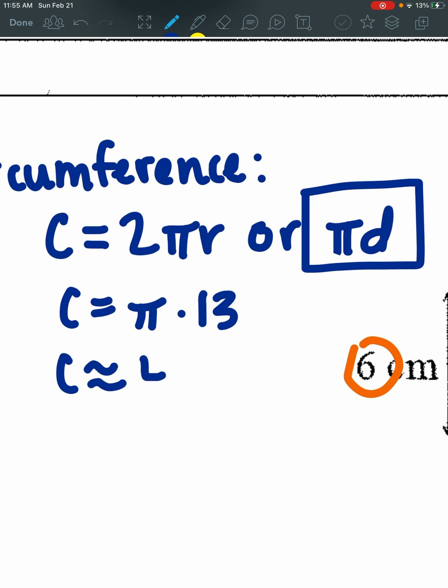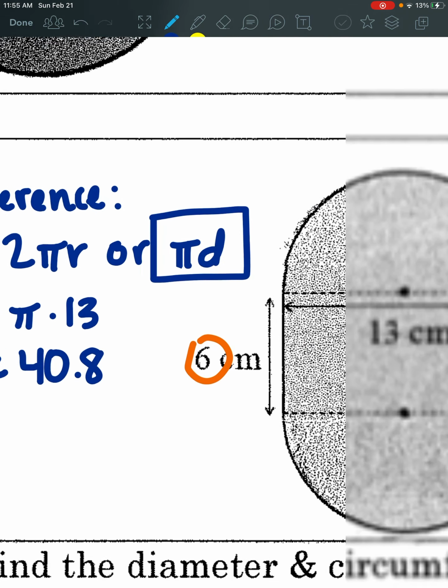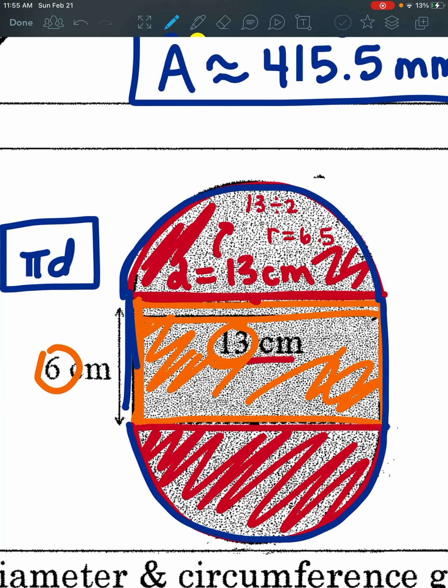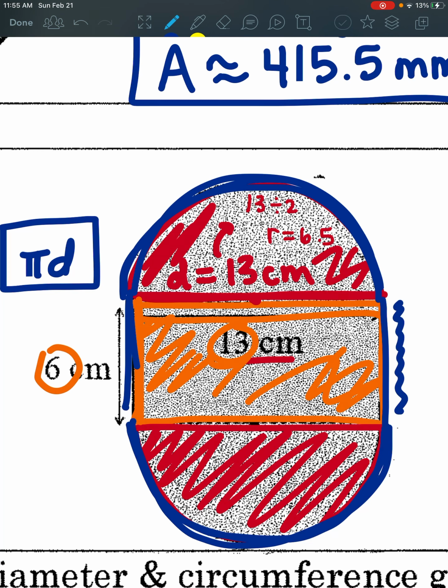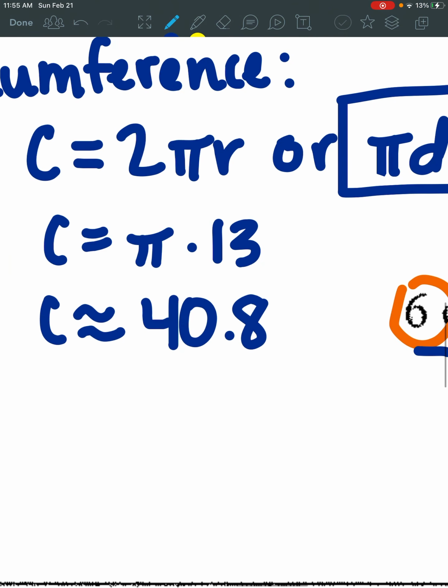Now, what happened here is we just found this half circle, this semicircle at the top, and this semicircle at the bottom. We found the full circumference of that circle. So all we have left is this side and this side, those sides in the middle. So we know one is 6, the other side is also 6. So we just have to add that circumference, add 6.